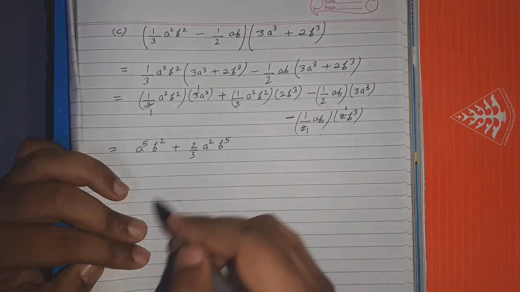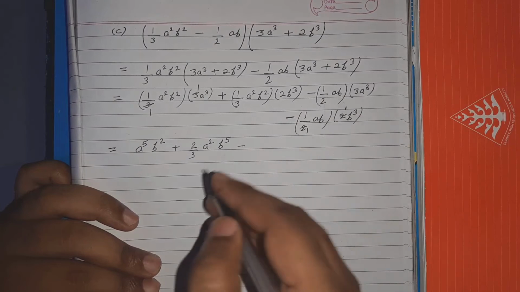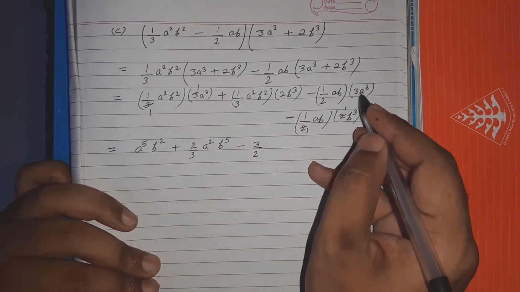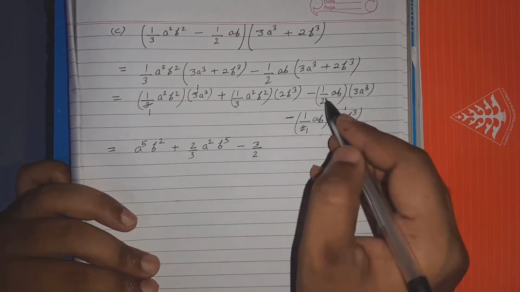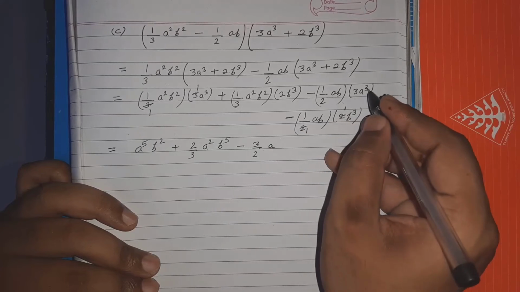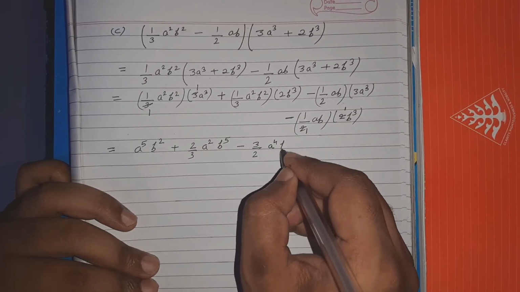So it will be b raised to power 5, and here 1 by 2 multiply by 3, so it will be 3 by 2. And a multiply a cube, so base is same and again both are in multiplication, so the power will add, 3 plus 1 is 4, so it will be 3 by 2 a raised to power 4 b.